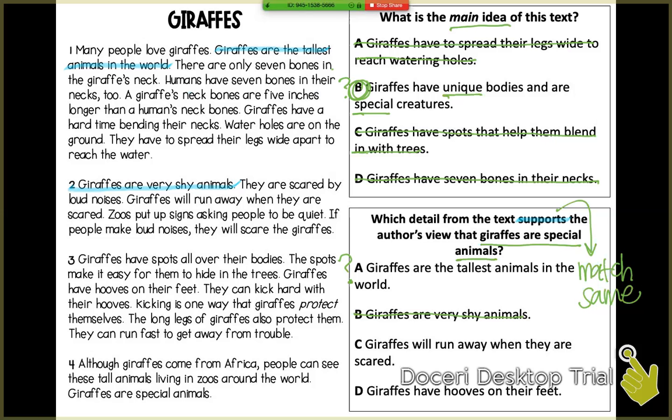C says giraffes will run away when they are scared. Well, that's in my text in paragraph 2. And that kind of goes back to our point in choice B. A lot of animals will run away when they're scared. I was riding my bike a couple weeks ago and we rode up next to a cow pasture and all these cows were right up on the fence near the road.